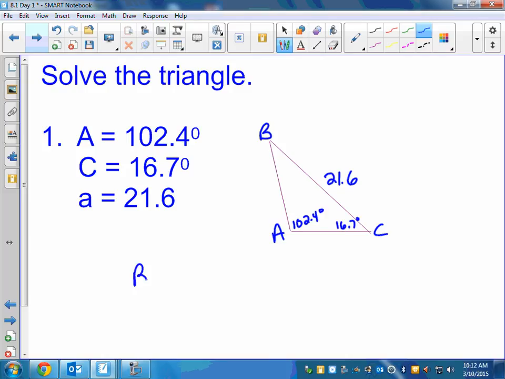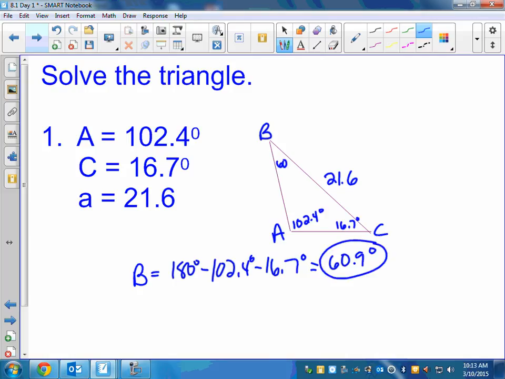Angle B is 180 minus 102.4 minus 16.7. I got 60.9 degrees. You agree with that? 60.9 degrees.